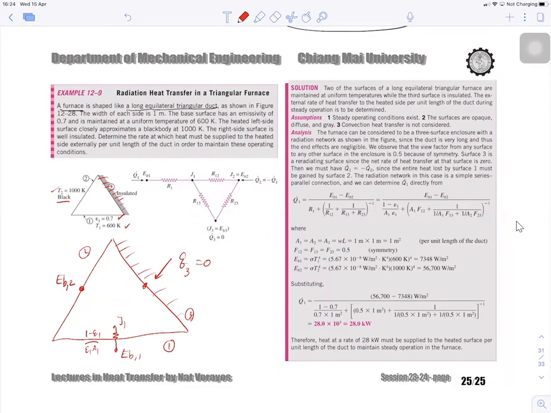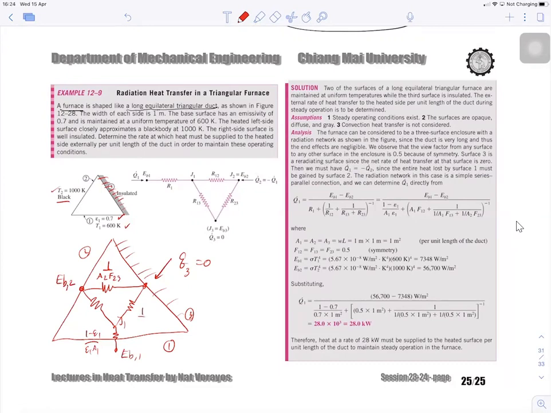Right? And then in between, you're going to have this side, this side and that side. What is the resistance here? 1 over A2 F23.